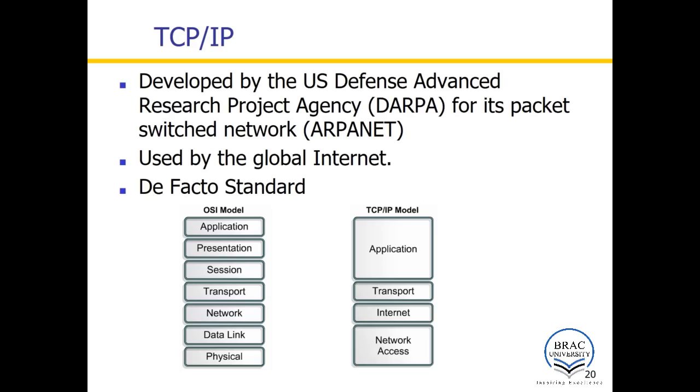The functionalities that the OSI model does in the application, presentation and session layers are all done in only one layer in the TCP/IP model, which is the application layer.